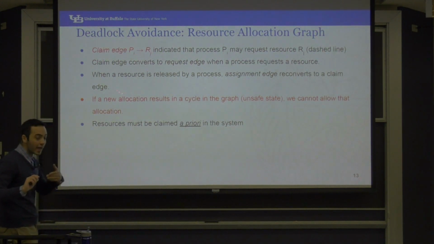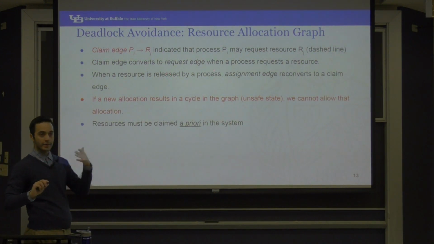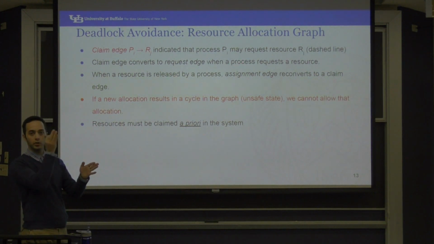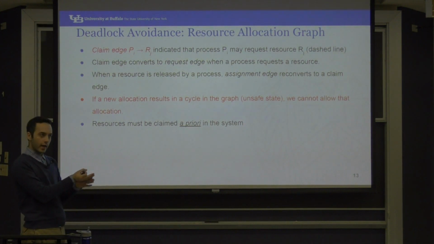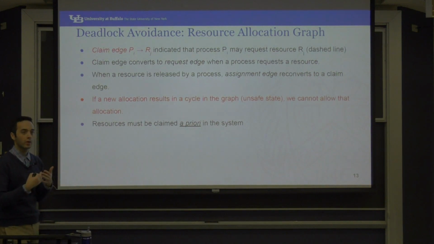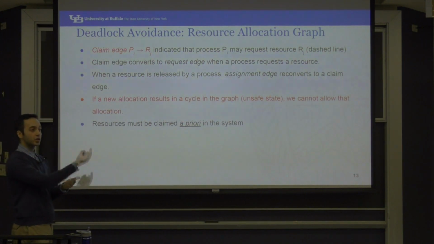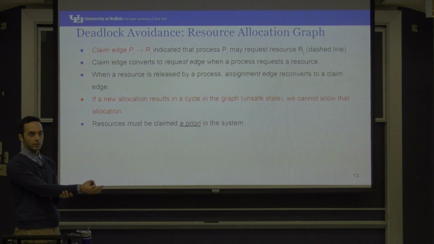Now, the claim edge may convert to a request edge, from a dashed line to a solid line, once the actual request happens. And then it will turn to an assignment edge when the allocation happens. Once the process is finished, it releases that resource, so it will turn back to the dashed line, to the claim edge.